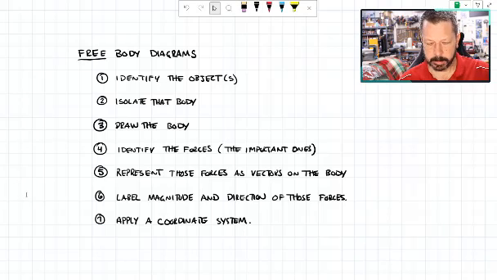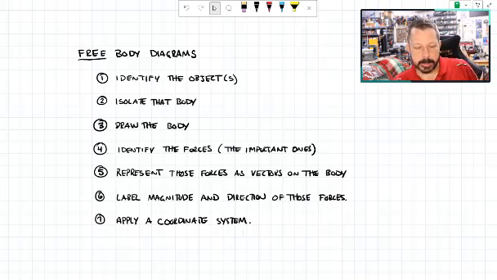Okay, so those seven steps, mostly in this order. Again, I might draw the coordinate system a little bit earlier when I do this other times, but that's more or less the right order. Will get you a free body diagram.